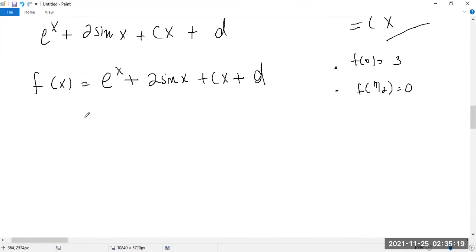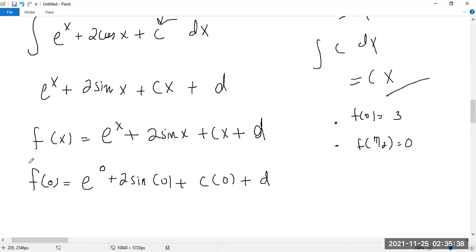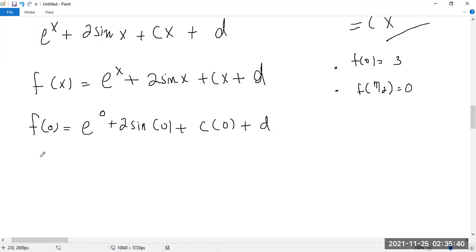So what we will do as a result is we will say, okay, well, what's f of 0? We would do e to the 0 plus 2 sine of 0 plus c of 0 plus d. And that essentially gets rid of the c value here. So f of 0 is equal to 1 plus 2 sine of 0.